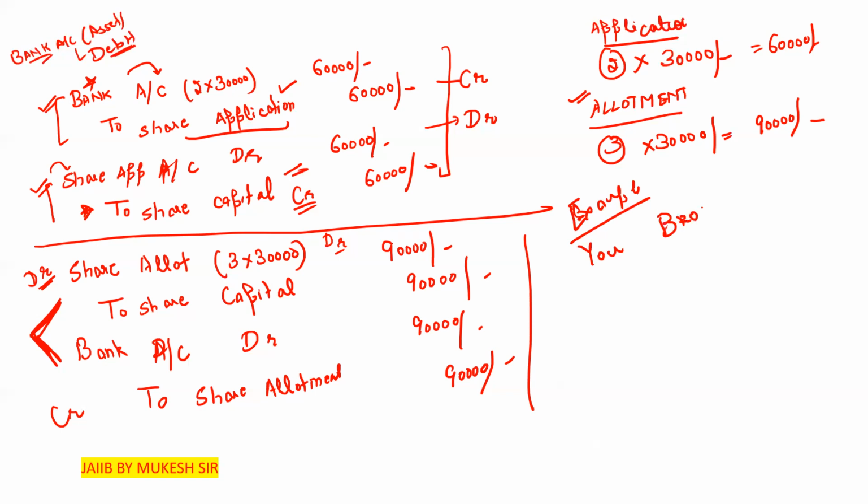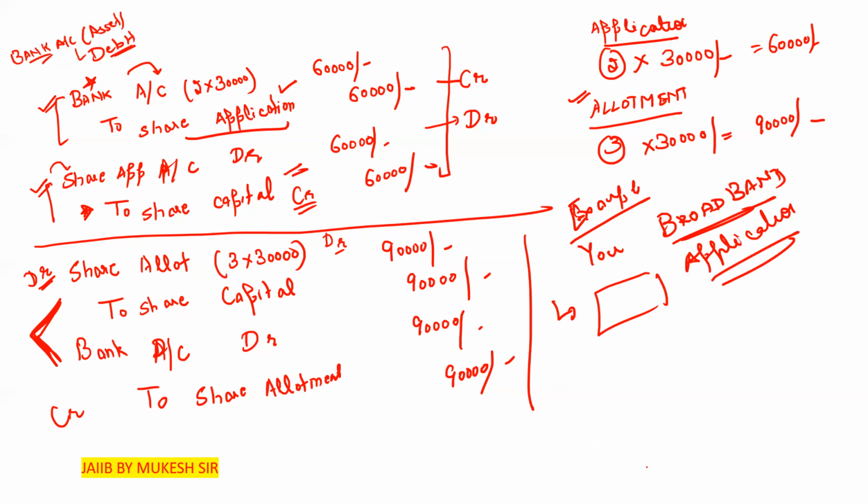When you apply, the first time you have to give the application money, the application amount, and that goes to their account. For example, for the broadband application you have to give 1,500 rupees.